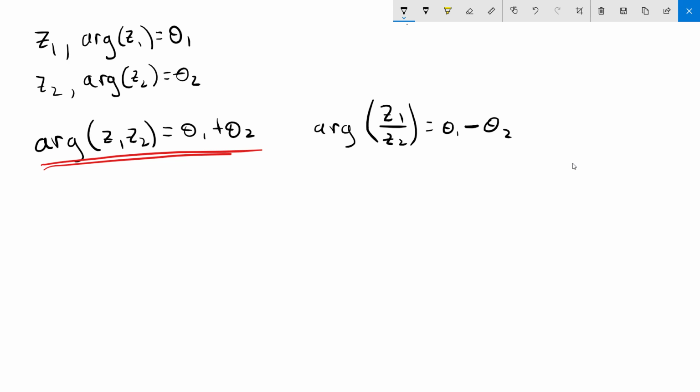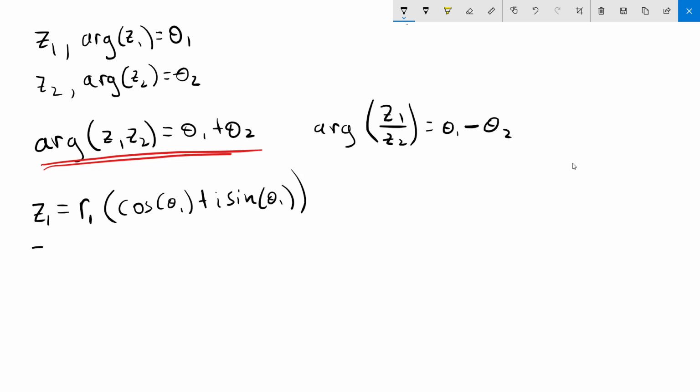Well, let's take two complex numbers, so z1, and we're going to write it in its modulus argument form. So we're going to say z1 is equal to modulus of z1, which I'm going to call r1, times cosine of theta 1 plus i times sine of theta 1.